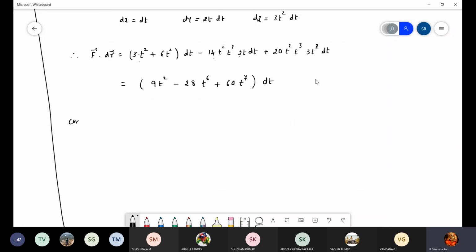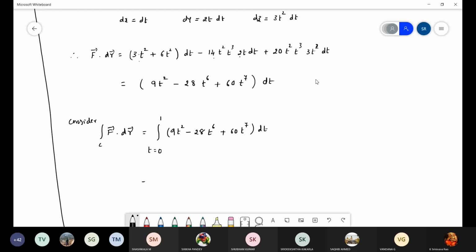Now consider integration. The line integral f dot dr along C is equal to the integral of 9t square minus 28t power 6 plus 60t power 7 dt, where t varies from 0 to 1.